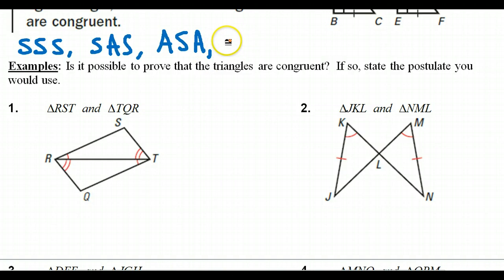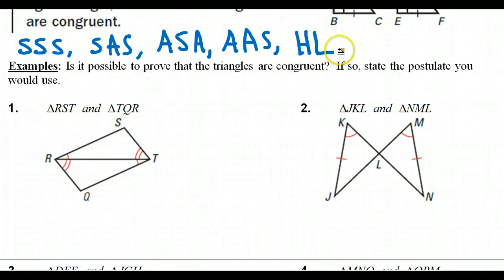And then we learned that even angle, angle, side would work. And we also learned, last but not least, if we happen to have a right triangle, hypotenuse leg would work. So these are the 5 things that work.